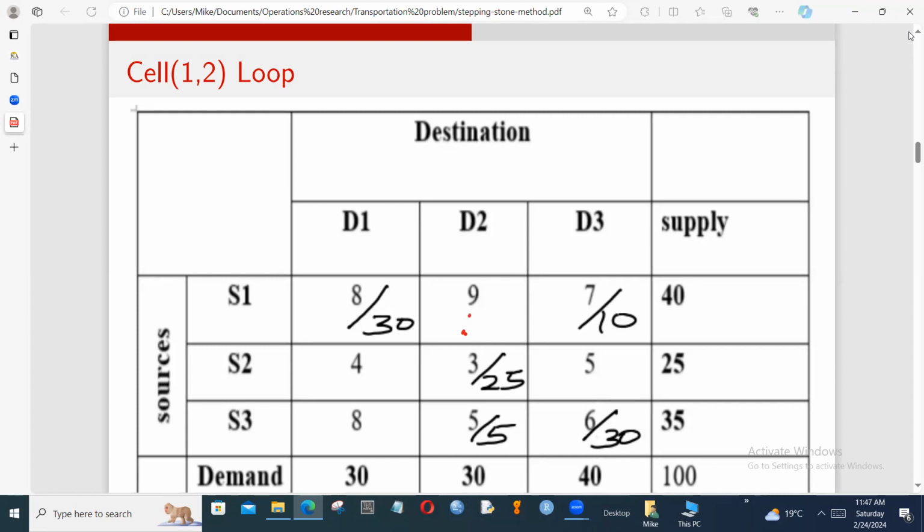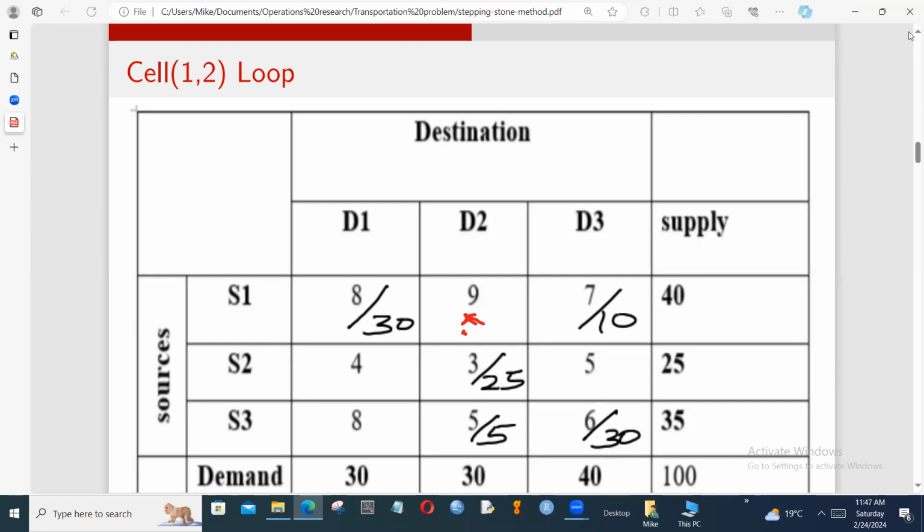Like what you were doing previously, if I'm starting from here and I want a closed loop, remember the procedure and criteria for drawing a closed loop is the same as the loops associated with the modified distribution method. And so we only draw horizontal lines and vertical lines.